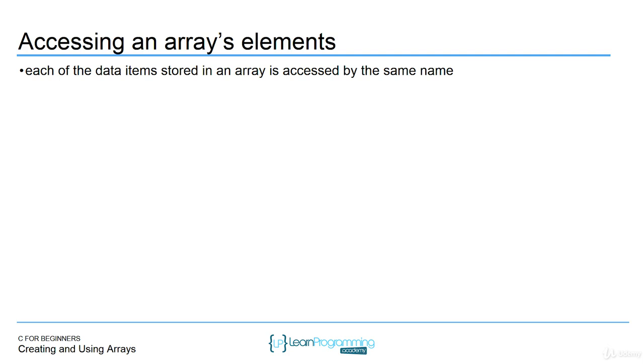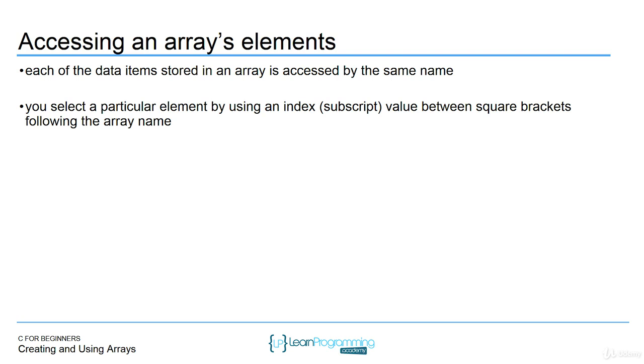So you're still going to access it with the variable name. However, if you want a specific value in that array, you're now going to have to use something called an index or a subscript. Both of these terms are used interchangeably. This index or subscript value is going to be a number, and it's going to be inside the brackets as well, following the array name, to access an element in the array or write to that spot in the array.